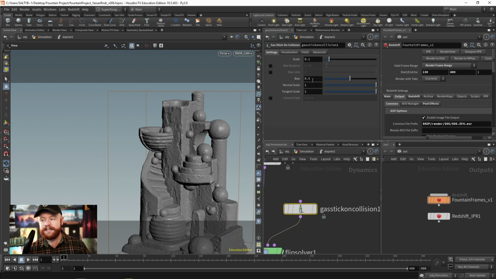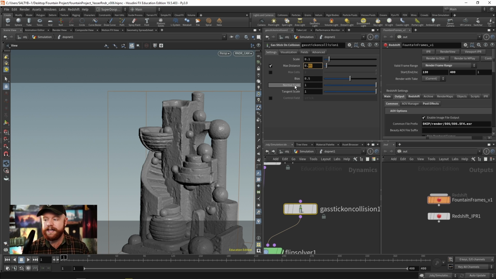The bias is going to determine how quickly this effect falls off as we reach the maximum influence. So in other words, as we reach the max distance here of 0.05 meters, this force is going to become less and less strong, but it's going to be really strong right at the surface here. So that bias lets you control where that fall off occurs.